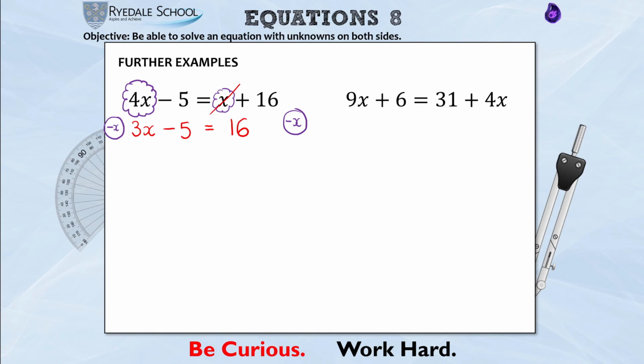So now using my inverses, I'm going to do the inverse of take away 5, which is add 5. When I add 5 to both sides, it is 3x equals 21. To work out x, well, I've got 3 of them, so I need to divide by 3.